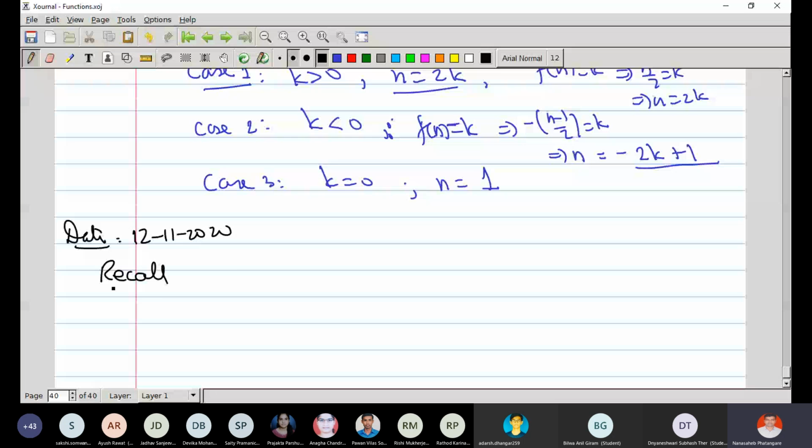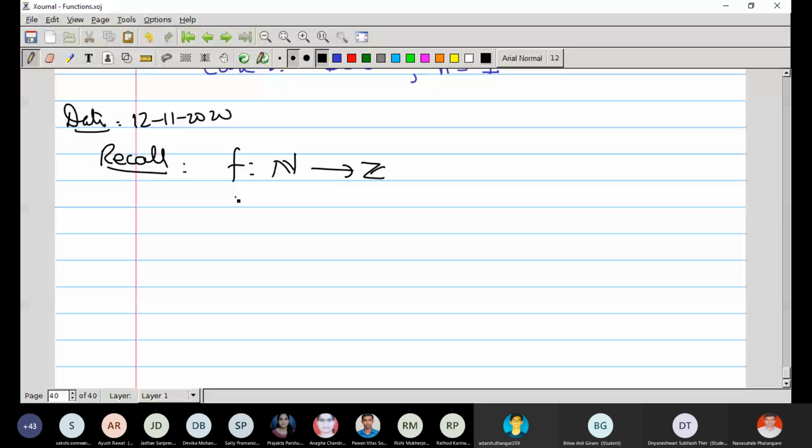So what we discussed, we defined a function from natural numbers to integers. And what function did we define? The image of n: if n is even, then I will map it to n by 2. And if n is odd, then I will map it to minus (n minus 1) by 2.